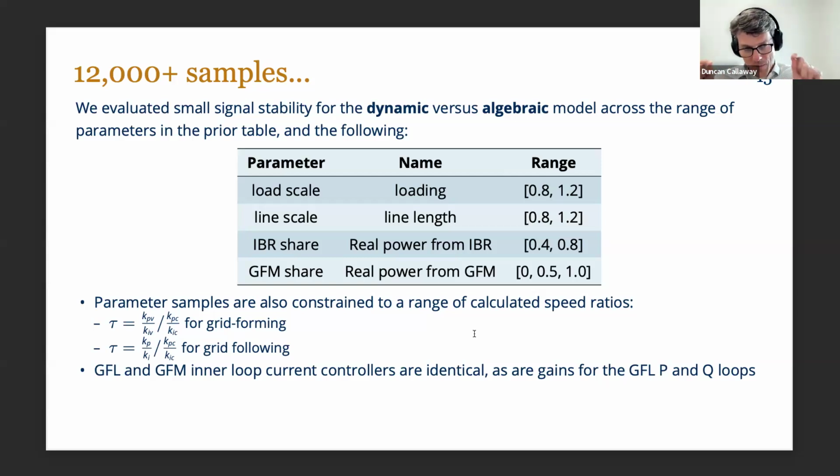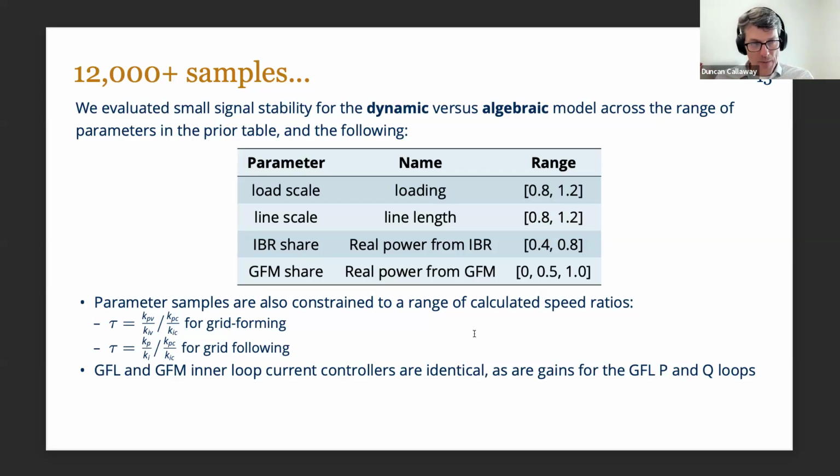And just one more little point here, we did sample those parameters to constrain them to live within a set of calculated speed ratios, where the speed ratios are just governing the relationships between the gains in voltage and current control loops, as well as outer control loops and current loops for the different types of inverters.